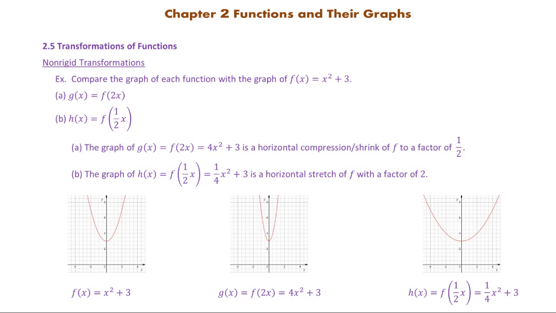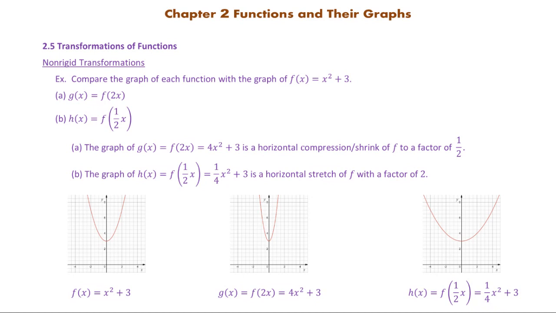When you change x to 2x in f, you compress, you don't stretch. This is contrary to the case of the previous example when we stretch or compress vertically. When you stretch or compress horizontally, the effect is the opposite.